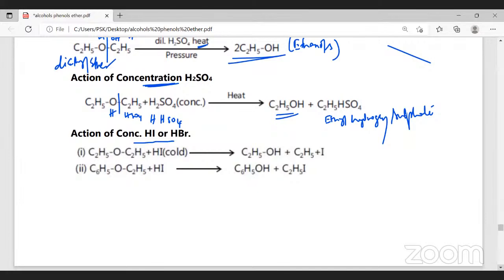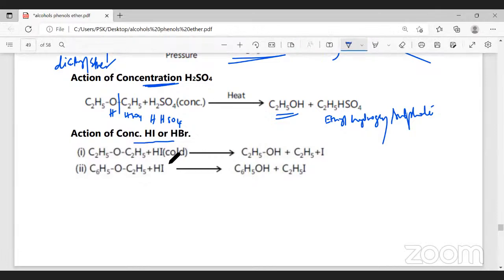In the chapter on ethers, they will ask you the reaction between ethers with HI or HBr. Now, ethyl ether with hydrogen iodide in cold conditions. The first one is this, C2H5OC2H5 with cold hydrogen iodide.